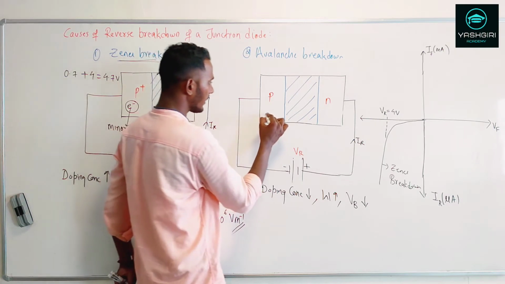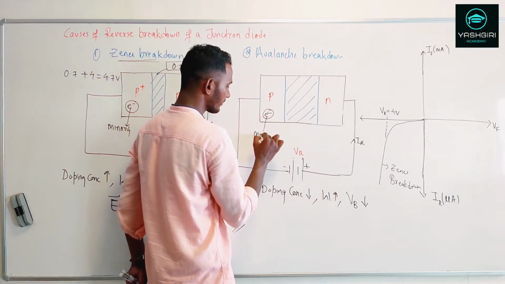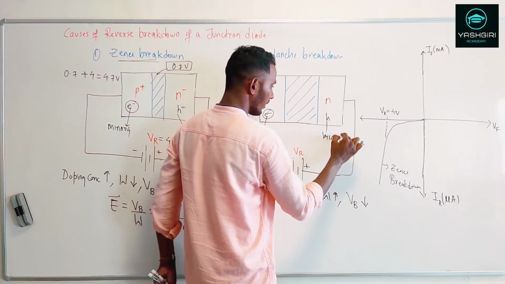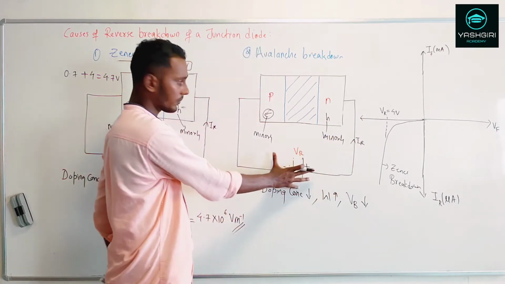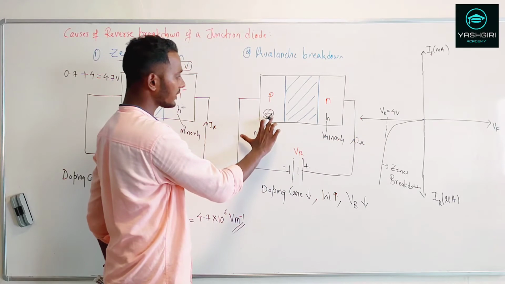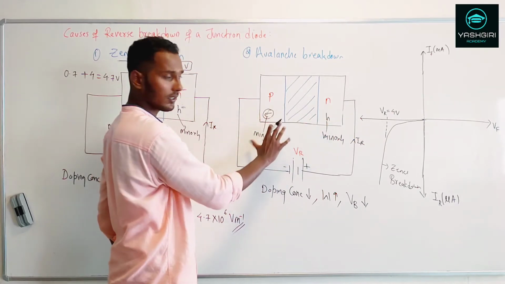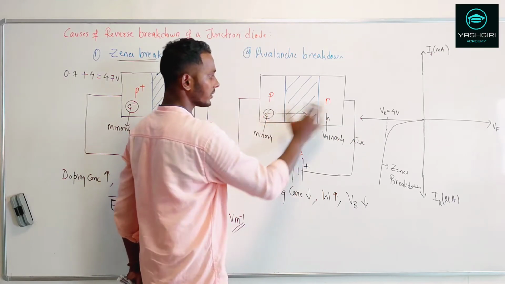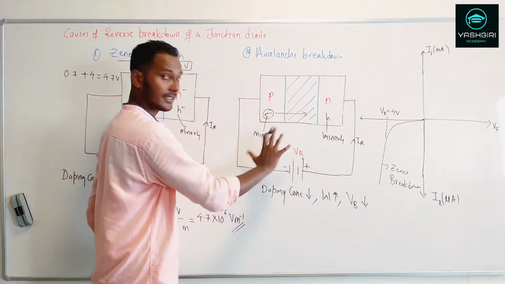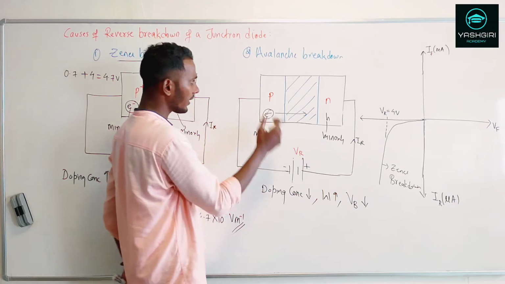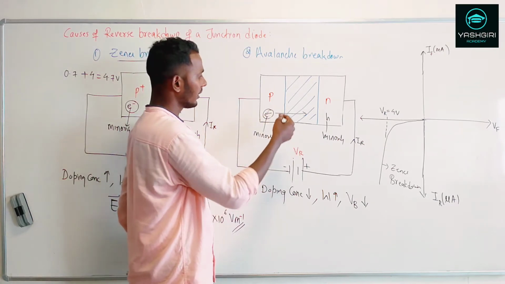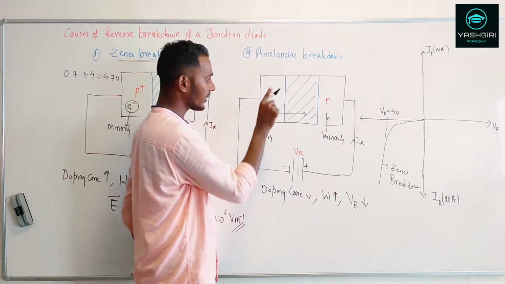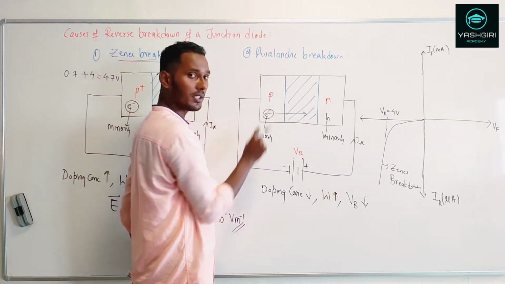Now here again electrons are minorities, and holes are minorities. So as you give the reverse voltage, these minority charge carriers on both sides will try to jump from one region to the other, or else they will accelerate. Now when they accelerate, the recombination process occurs, but at the same time there will again be electron-hole pairs created in this PN junction diode.